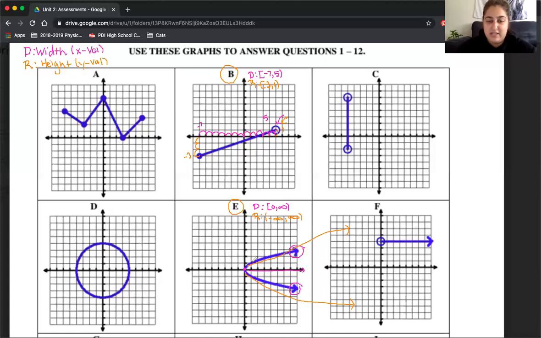Because these y values keep going higher and higher towards positive infinity, and these y values keep going lower and lower towards negative infinity. So for E, the domain is from 0 to infinity, and then the range is from -infinity to positive infinity.